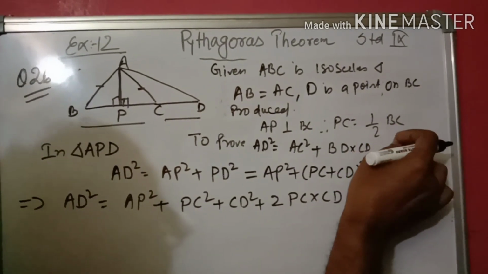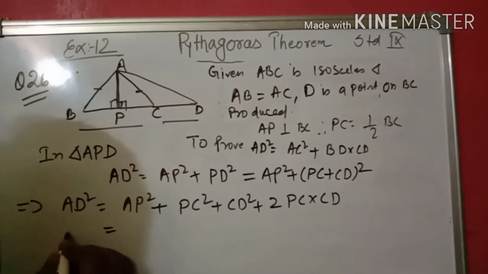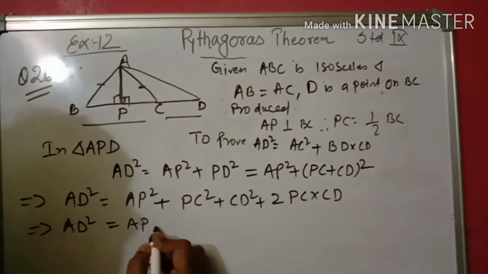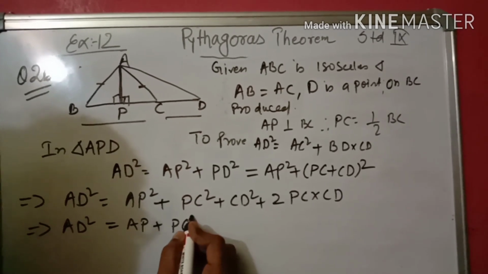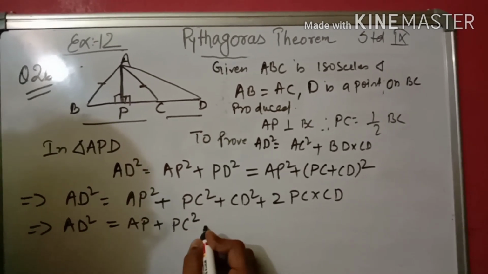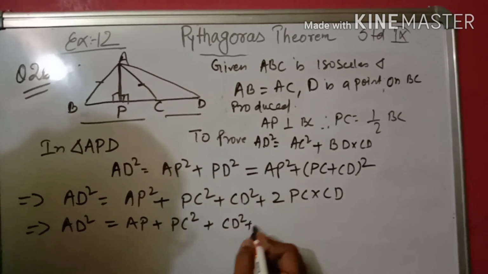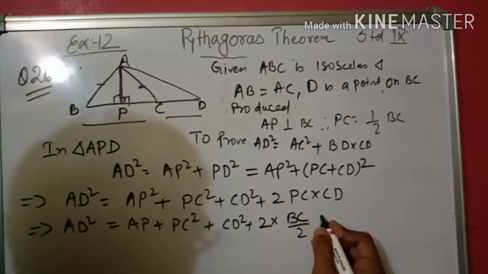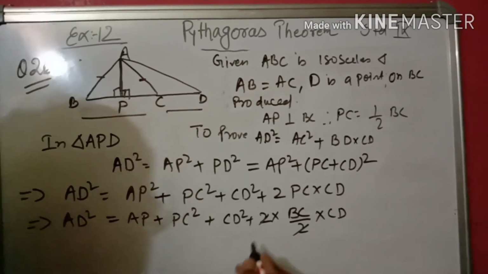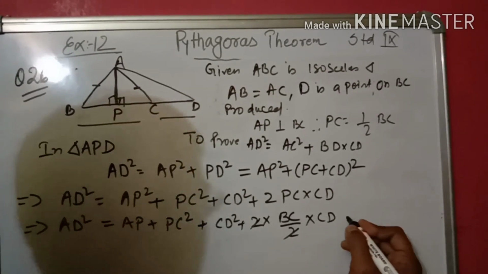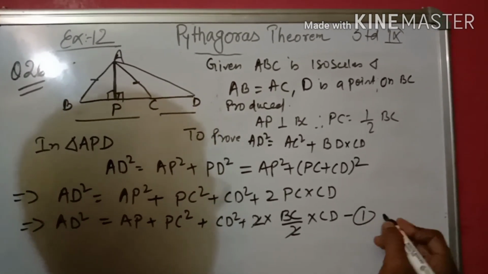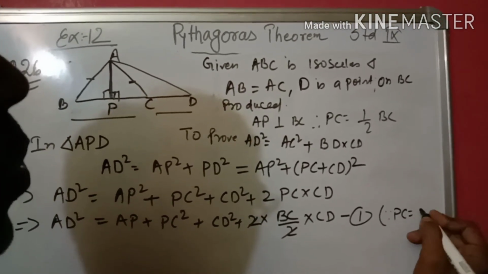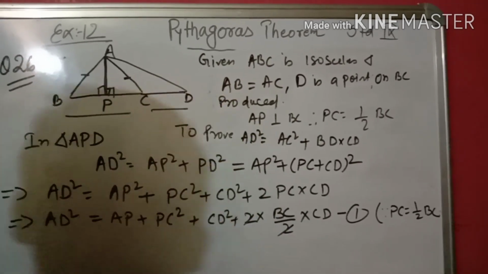Now PC equal to half of BC. This implies that AD square equal to AP square plus PC square plus CD square plus 2 into BC by 2 into CD. Now the 2 cancels. Let it be equation number 1, since PC equal to half of BC.